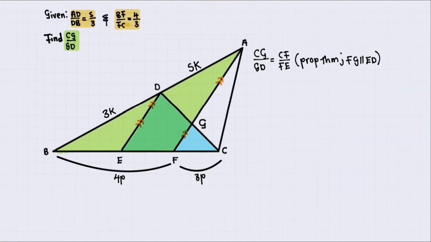Okay. Now, because you know that CG, GD corresponds with CF, FE, and you know that CF is 3P, right?